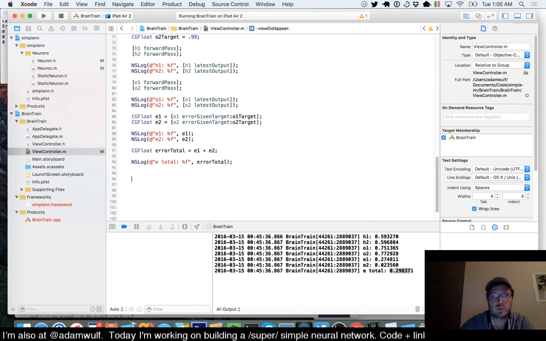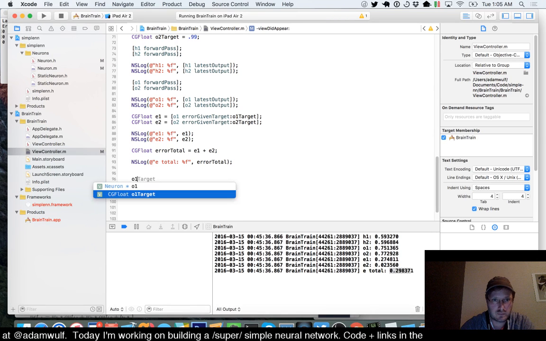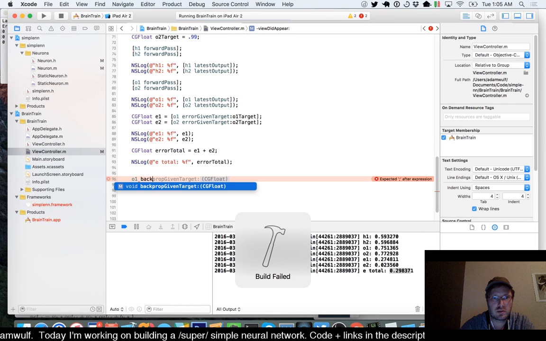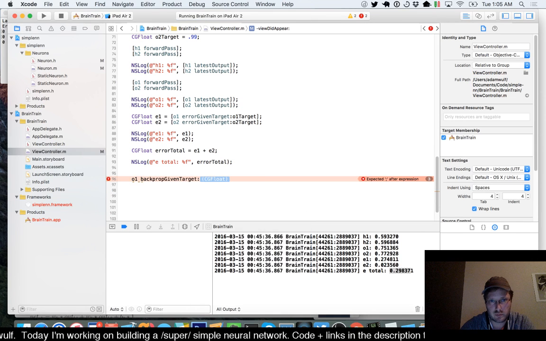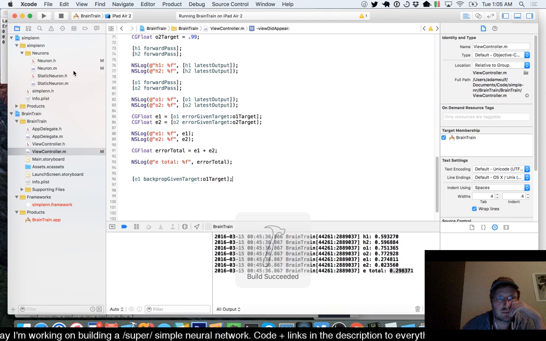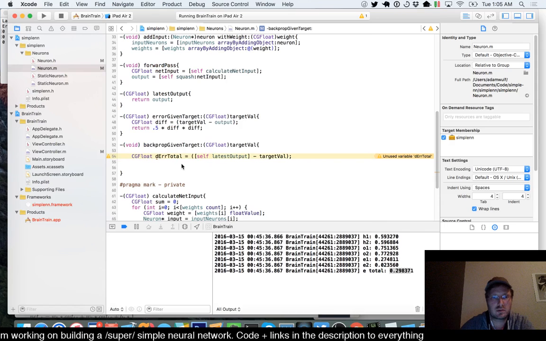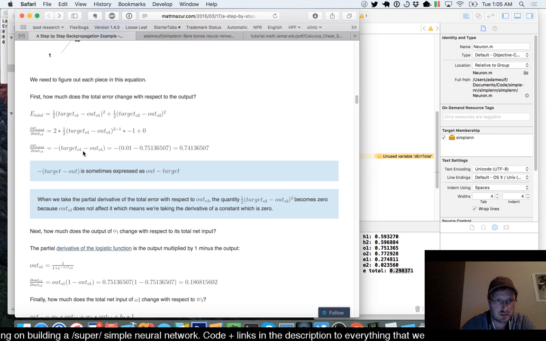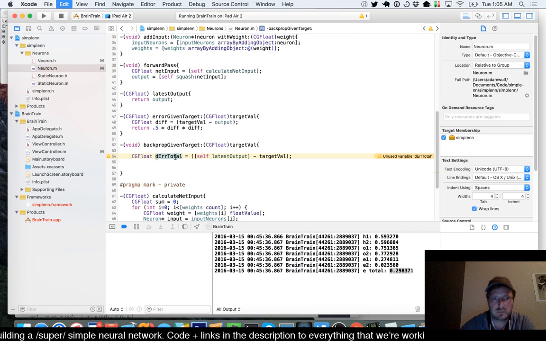And so then we would say O1 with back prop given target would be O1 target. That's basically what we're doing. And so now inside of here, we just did this, which should get us that value, the 0.74.